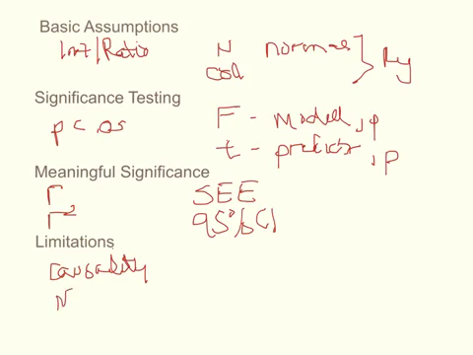Similarly, the sensitivity to sample size, divergent groups, restricted range, and causality. All of the limitations that apply to correlation are going to therefore apply to regression, because again, it goes back to this basic assumption. You do not put something into regression if they don't significantly correlate.